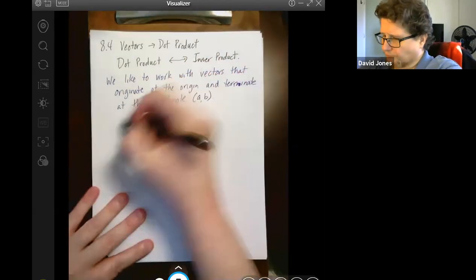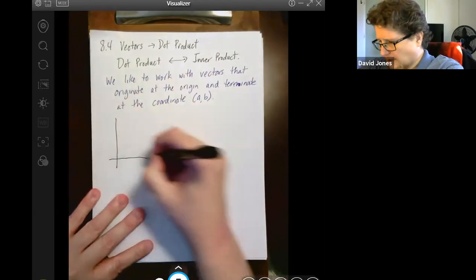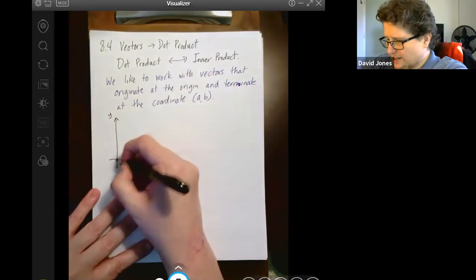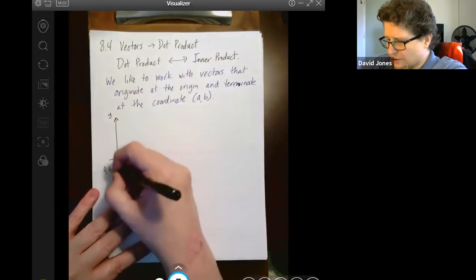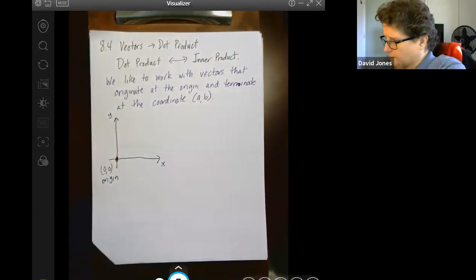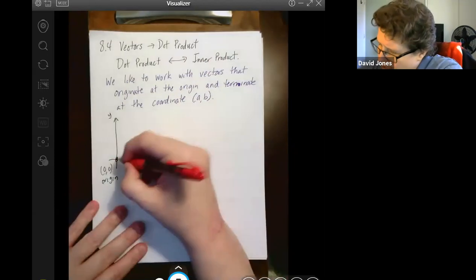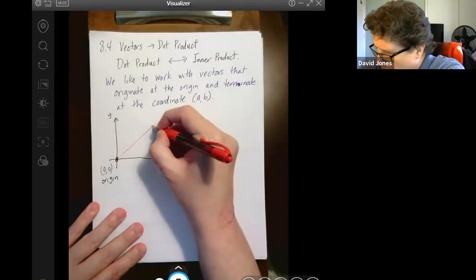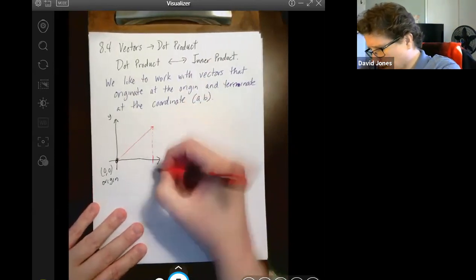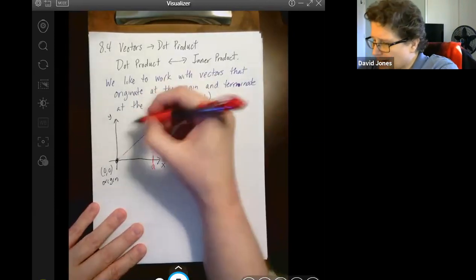So we've got our x-axis, we've got our y-axis. This is our origin, 0, 0. And our vector comes out to a point right there and stops right there. This point is A along that axis.